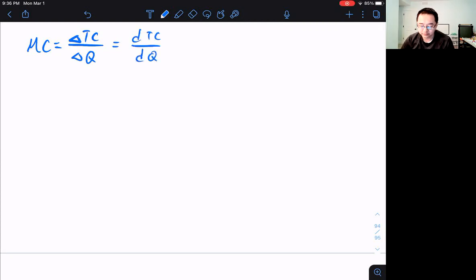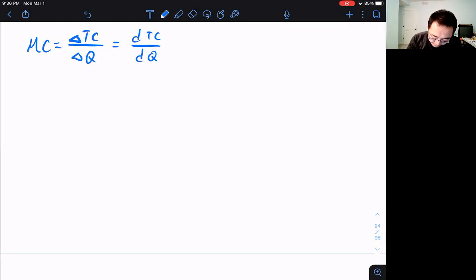So this is really taking the derivative of the total cost function with respect to quantity, and that is what marginal cost is. So marginal cost or marginal anything is the derivative of the total function. So marginal cost is the derivative of the total cost, and marginal revenue is the derivative of the total revenue function. Marginal product of labor is the derivative of the total product function, right? So all this marginal analysis hopefully now will seem straightforward.